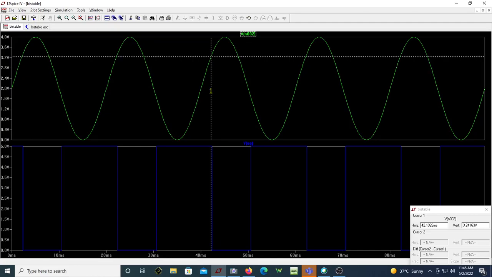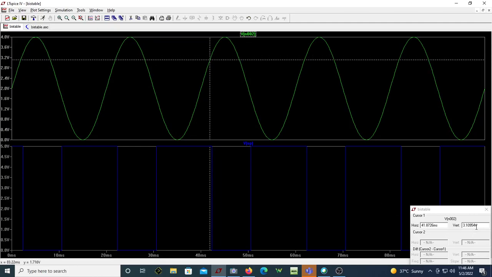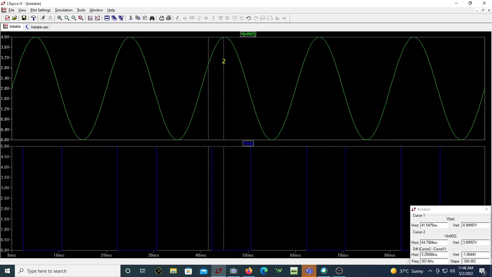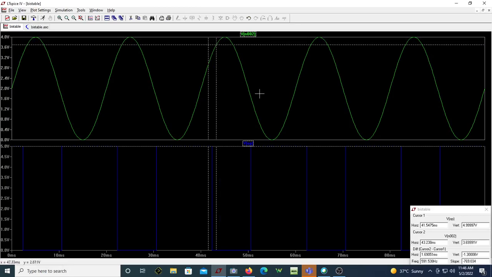Let me have a look at the output voltage also. You can see output voltage is almost VCC when the input is less than 2/3 VCC. When the input exceeds, now the input is more than 2/3 VCC, which is now 3.6. So what is the corresponding output at that point?